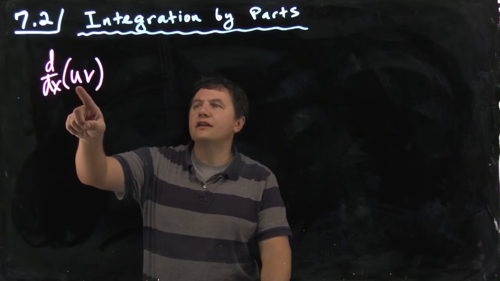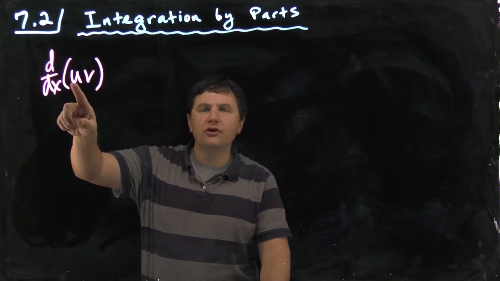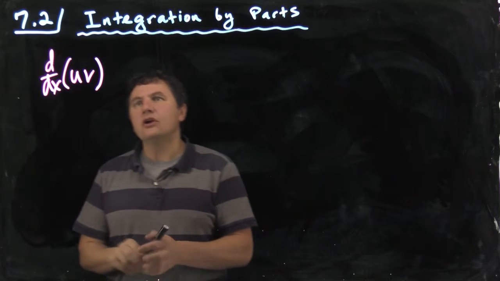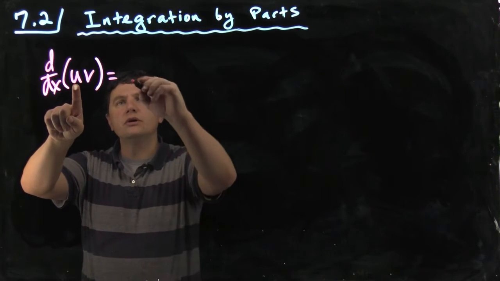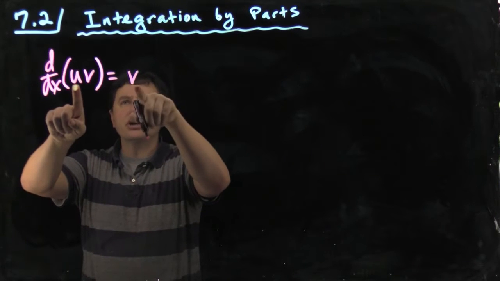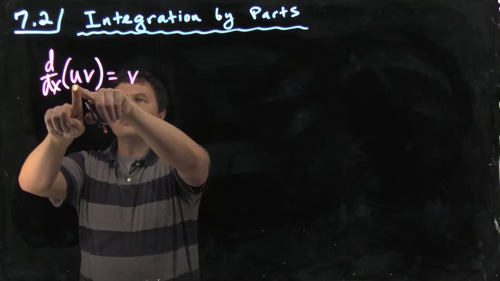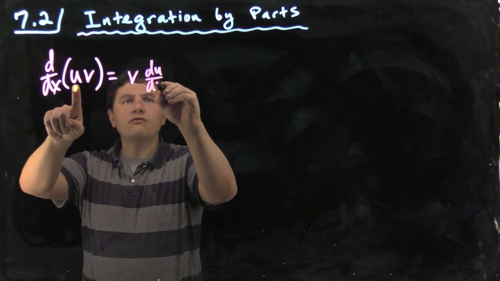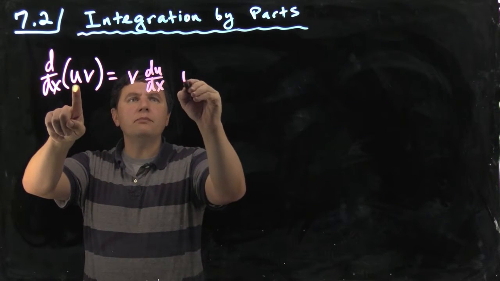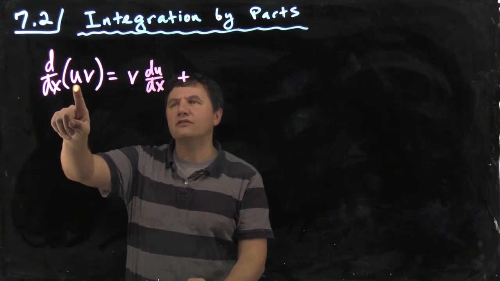Okay, so if I take the derivative of u and v, u being a function of x and v being a function of x, we all know that we are going to take the derivative of the u, copy down the v. I'm actually going to write it backwards. So we're going to take the derivative of u with respect to x, so that's du over dx, plus, and then of course we're going to switch that process.